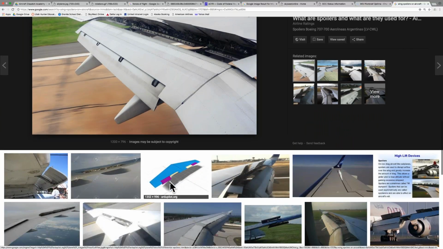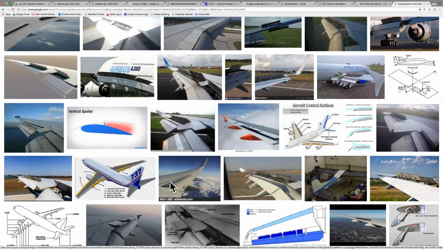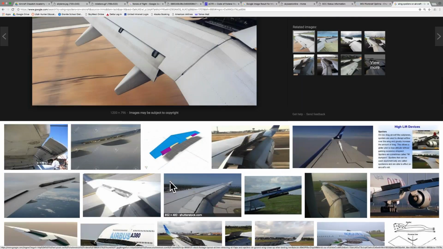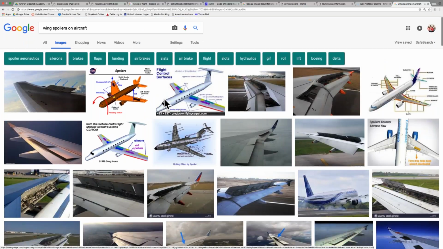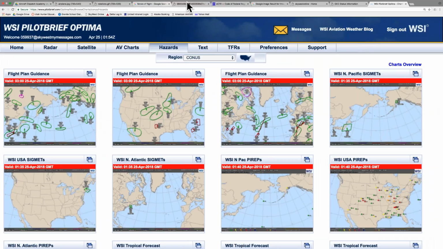What freaks people out even more is when they're flying on an airplane and they see those wings bending and flexing. And that's all part of the design. It's what it's meant to do.